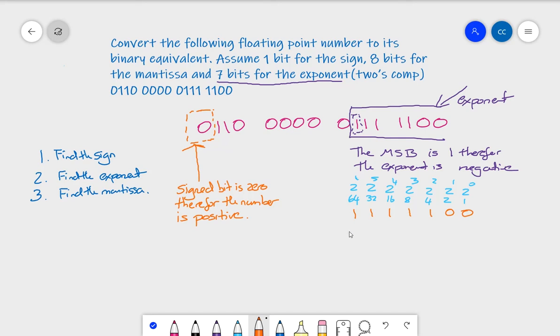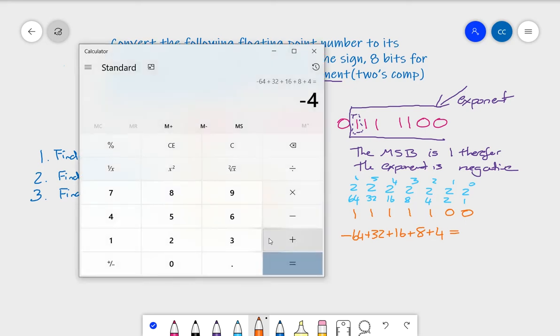We can do a calculation on this now. So the most significant bit is a negative number, and it's minus 64 because we've only got 7 bits here. So it's minus 64 plus 32 plus 16 plus 8 plus 4. Now what does that equal? So I'm going to get my tried and trusted calculator for this.